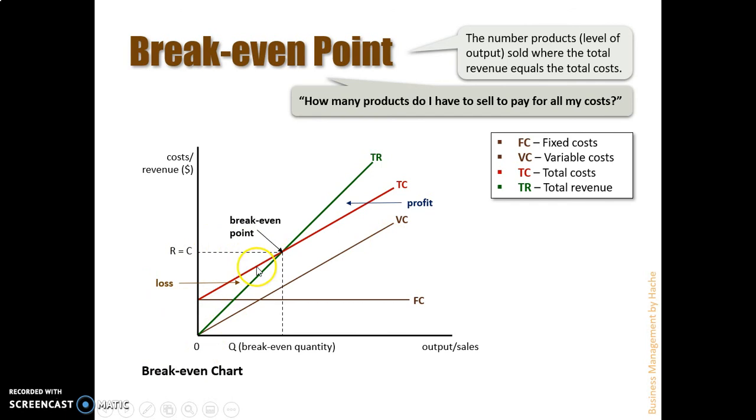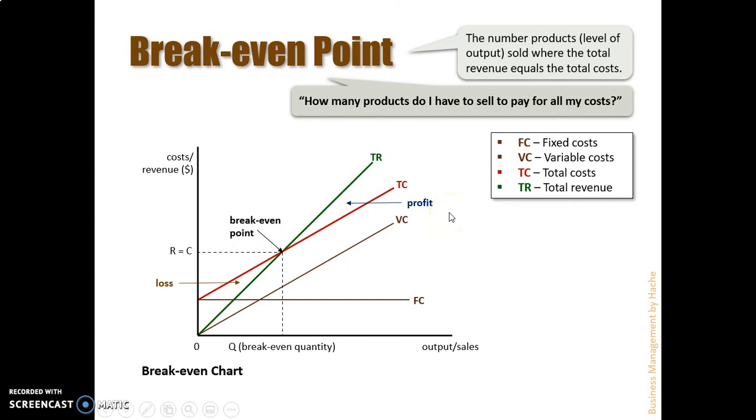If you sell less than the break-even quantity, if you sell less than the break-even point, then you are actually losing because your cost line is higher than your revenue line. So you are actually losing money if you're not selling more than the break-even quantity. Okay, this is why this is a very nice chart to understand how important it is for us to sell the right number of products and to start getting profit.